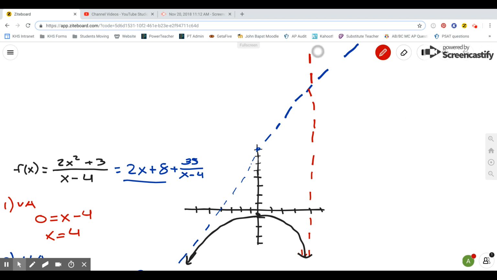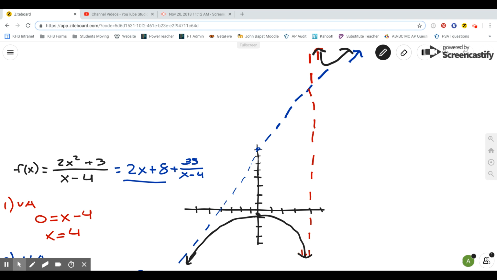I need to be on the other side of this vertical asymptote, and I need to follow this slant asymptote. I can't cross the x-axis anywhere. So what's going to end up happening is quite interesting. It's just going to be up here and do this kind of odd parabola shape, following both the vertical and the slant asymptote.